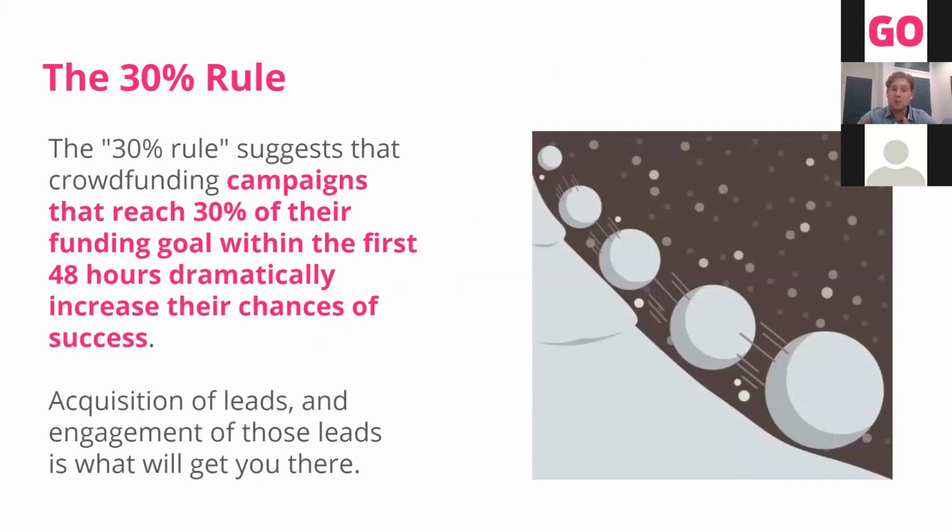And this communication method is here to do this one thing, this 30% rule, which Aditi alluded to earlier. The rule that campaigns that reach 30% of their funding goal in the first couple of days have a much higher chance of success. It's the acquisition and the engagement of these pre-launch leads that are going to give you this snowball effect, this 30% rule.